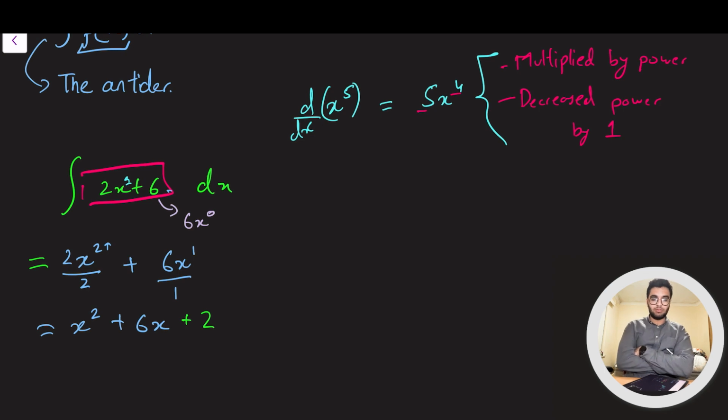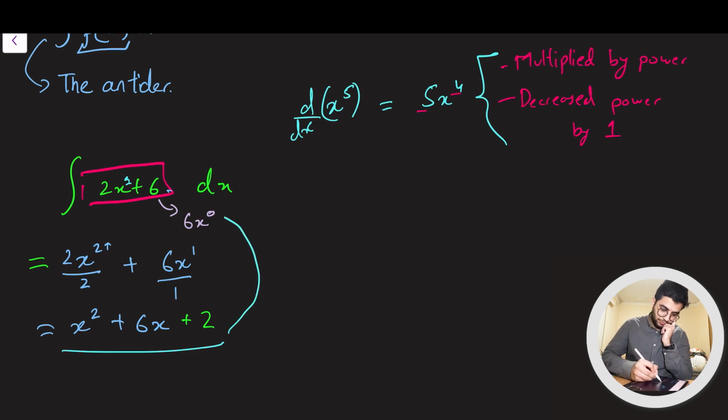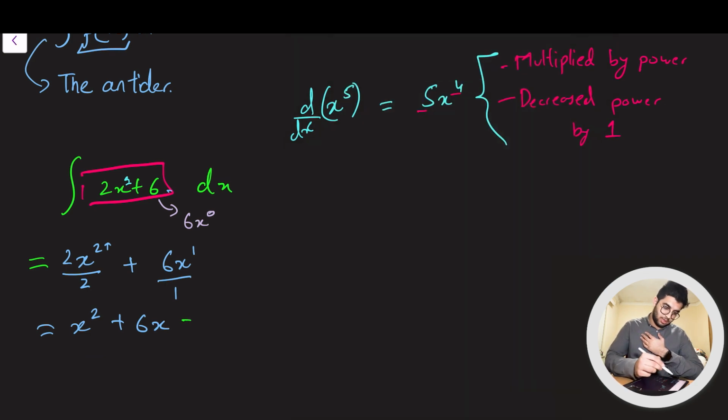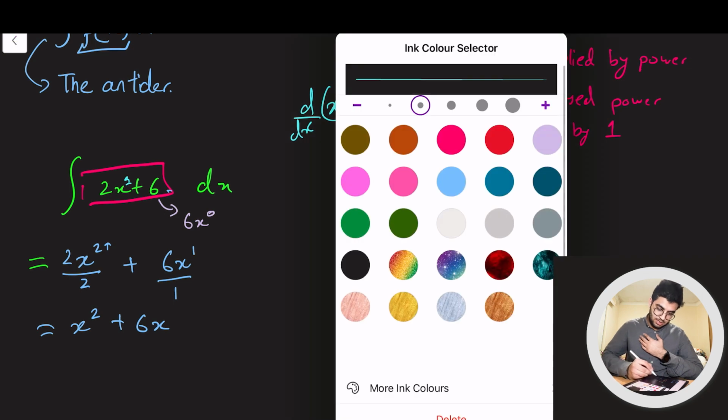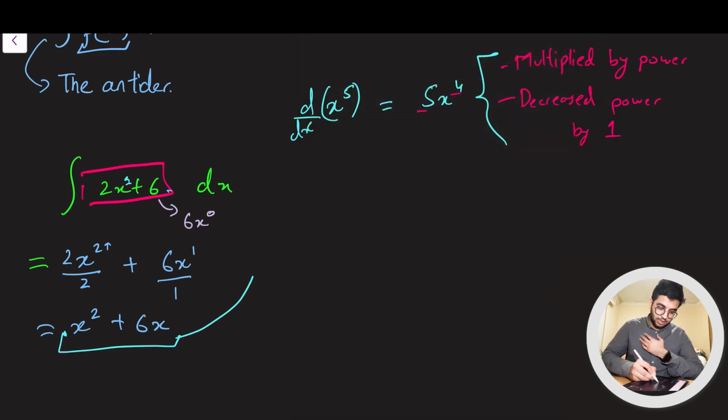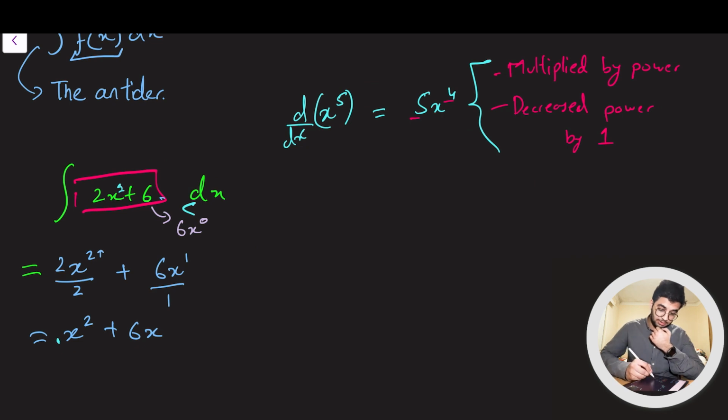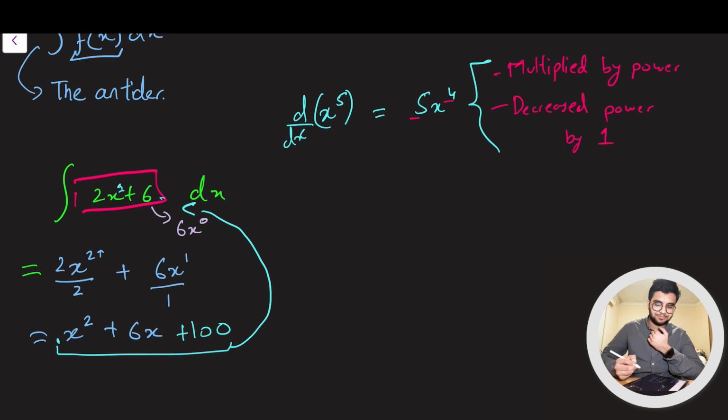We don't have to, but yes, it is true that when you derive this, you get this. But it's also true that when you derive this, you get this. What's also true is when you derive this, you still get that.